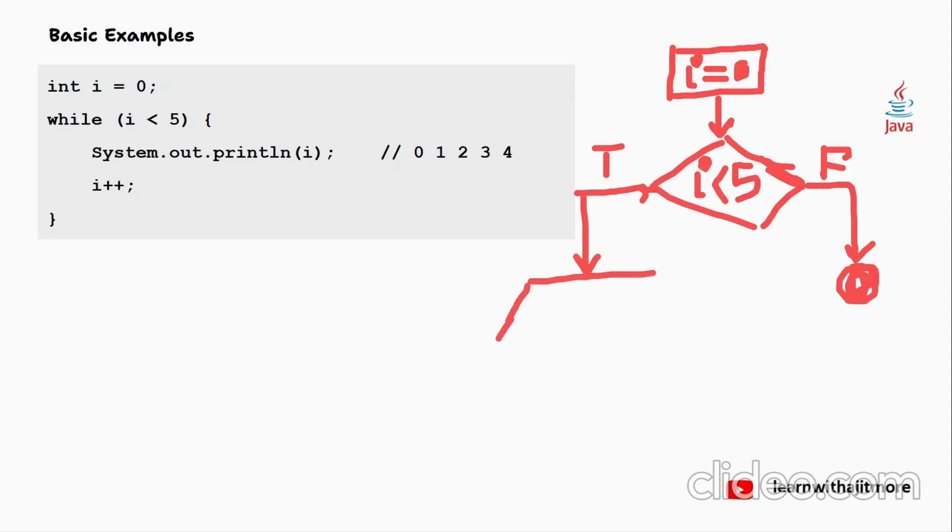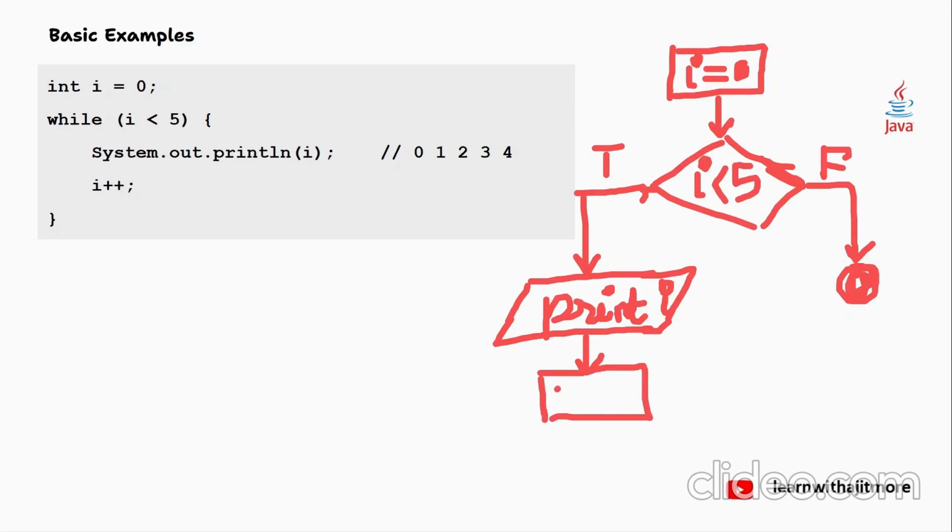Printing is generally shown in a parallelogram. So in this, we will print the value of I. And after the I value is printed, we are incrementing the value of I. I equal to I plus 1.